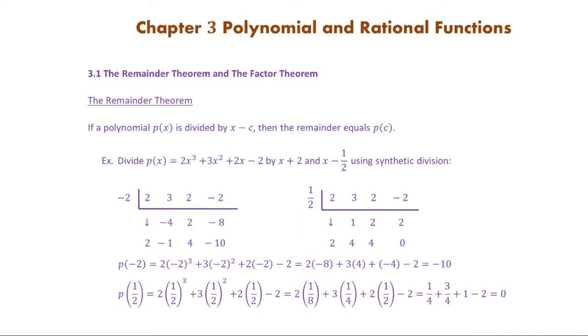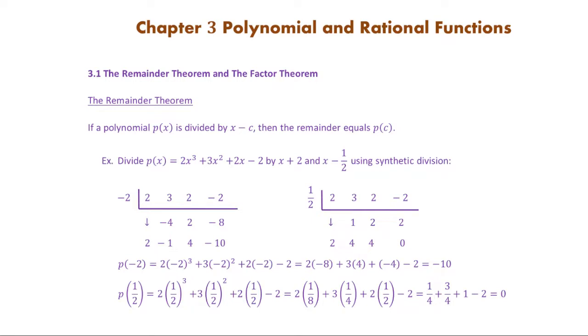So we just evaluate the polynomial at x equal to negative 2, and we got negative 10, which is the same as the remainder of the division of the polynomial by x plus 2. Okay, so that verifies the theorem.